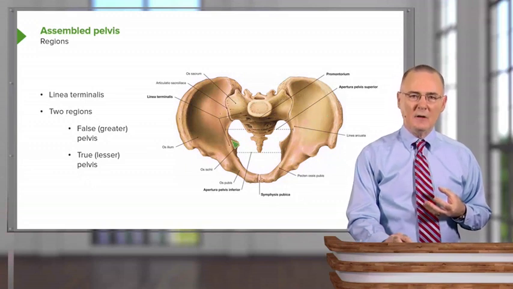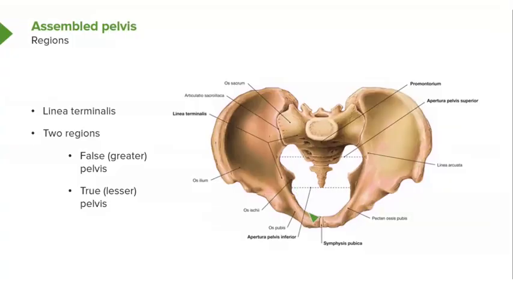The area below the linea terminalis, so inferior to that, this region represents the true or lesser pelvis. Greater and lesser designations being used to describe this overall size. So your true pelvic viscera will reside within the true pelvis.